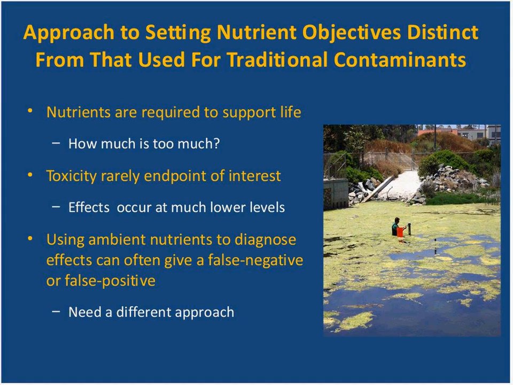For example, the estuary shown in this picture is meeting basin plan objectives in Region 9, the San Diego Regional Board's basin objectives, but there's clearly a problem with overgrowth of algae, and so this is the reason why for nutrients we really need a different approach.